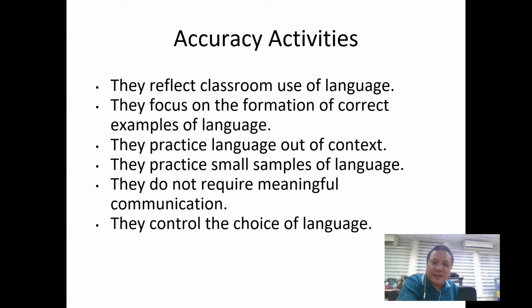The idea is you use accuracy activities to help students form correct examples of language. Accuracy activities may practice language out of context because the focus is on the form. So accuracy activities focus on the form. And accuracy activities use small samples of language, piece by piece.